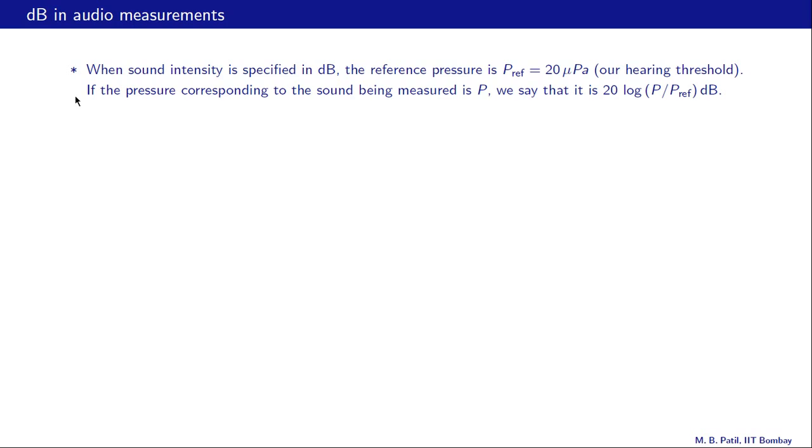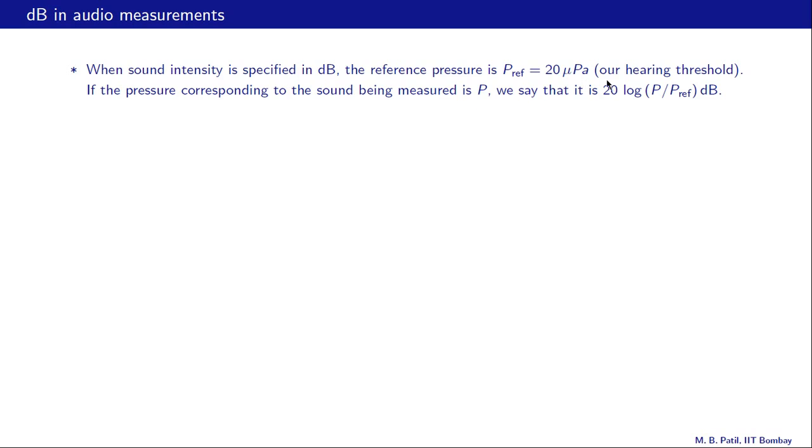Let us now look at the unit dB as it is used in audio measurements. Now a sound wave corresponds to a certain air pressure, say P. Now to convert this pressure into dB, we need a reference pressure. That reference pressure is 20 micropascals. And why is this number chosen?